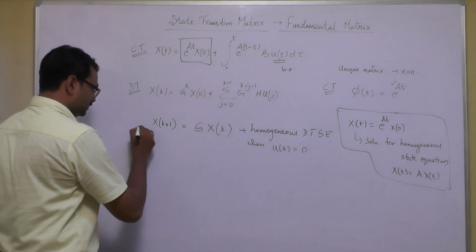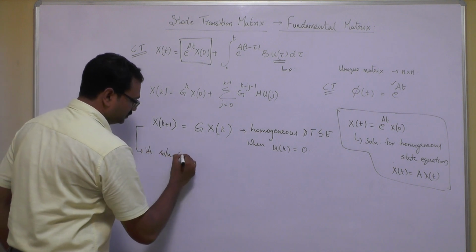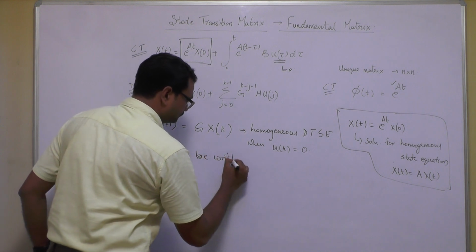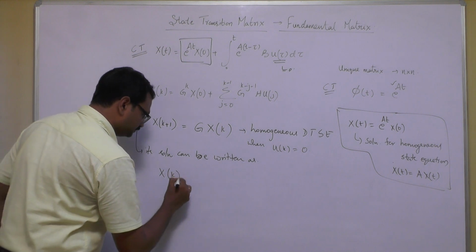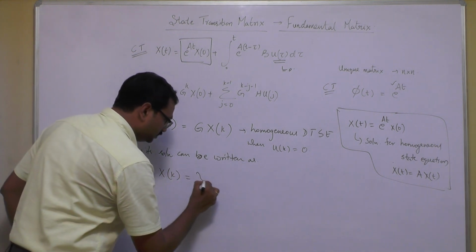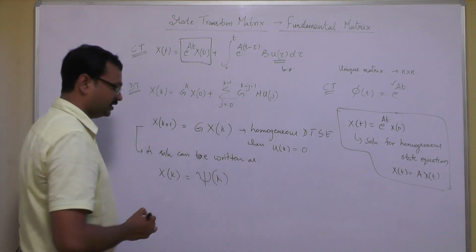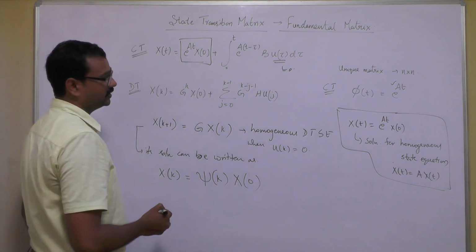Now its solution can be written as x of k is equal to some unique matrix psi of k into x of 0. That is what we are trying to say.